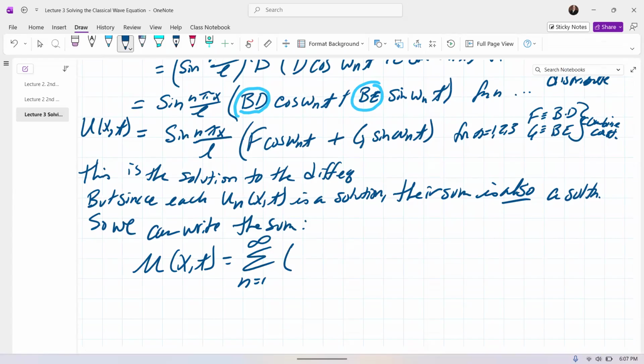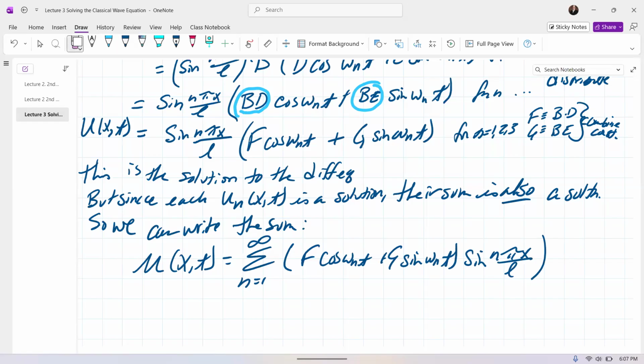And this just changes up the order, but F cosine omega sub n t plus G sine omega sub n t, times sine n pi x over L. Oh, oops, I have an extra parenthesis here. That's not right. That's better. For n equals 1, 2, 3.